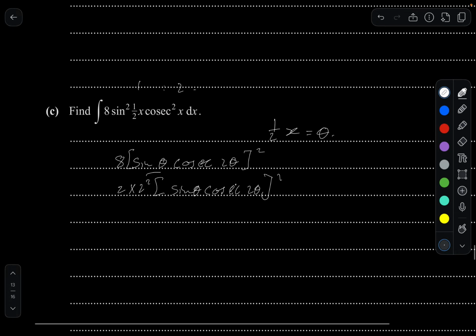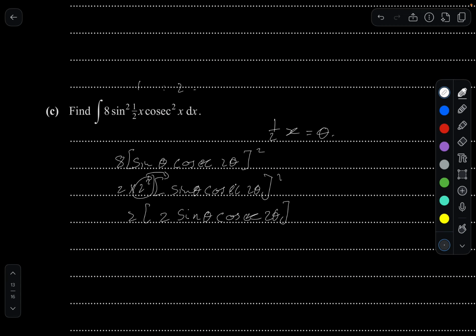So for this one to enter in here, it needs to be squared. So then I can say it's not 4 but 2 here, sine theta cosec 2 theta.